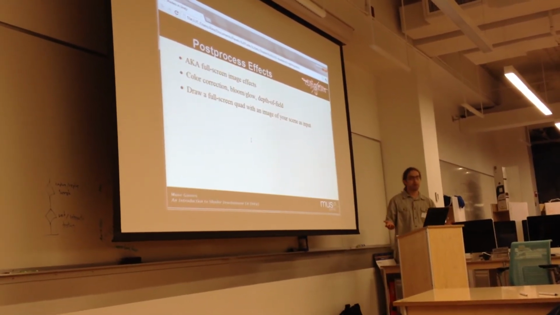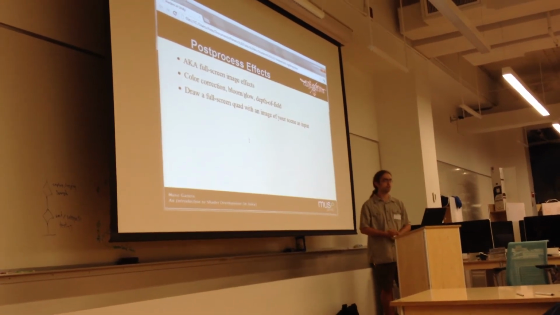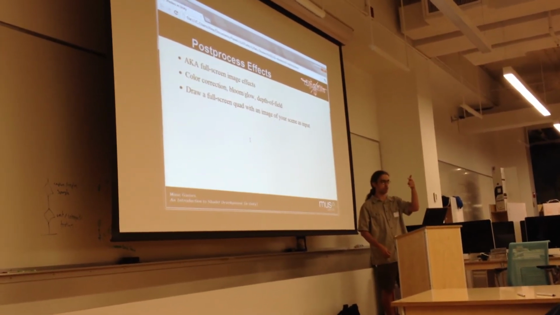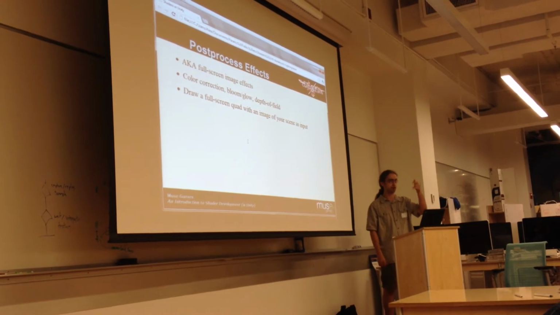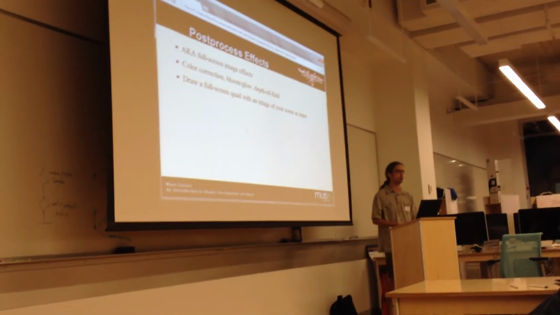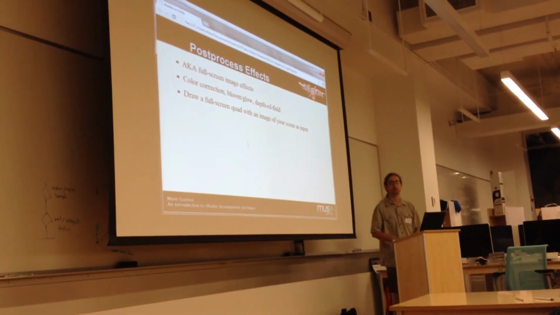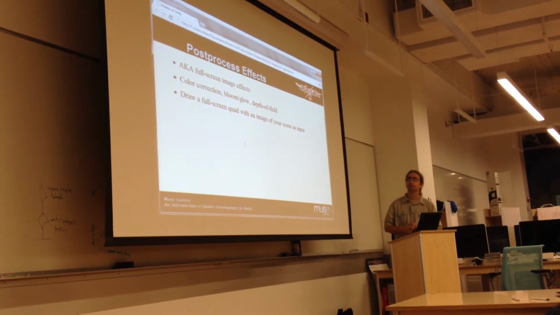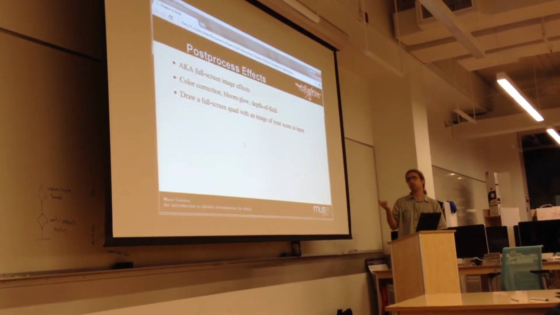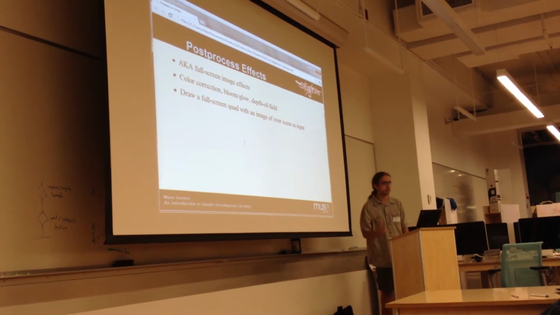So, I talked a little bit about rendering an object using a vertex shader to modify or simply transform its vertices, and running the pixel shader to modulate the color, doing whatever fancy effects you might want. The other thing you can do with shaders is a PostProcess effect.